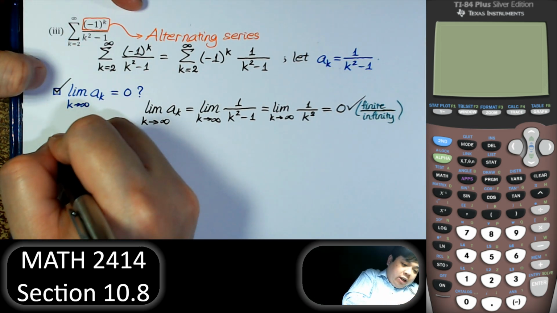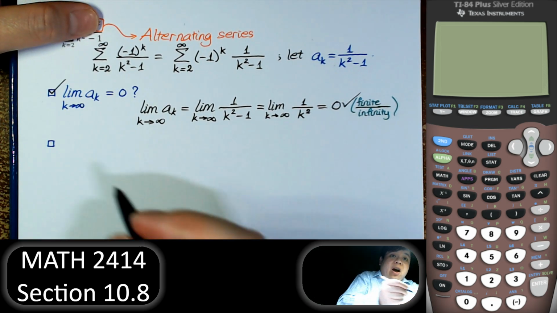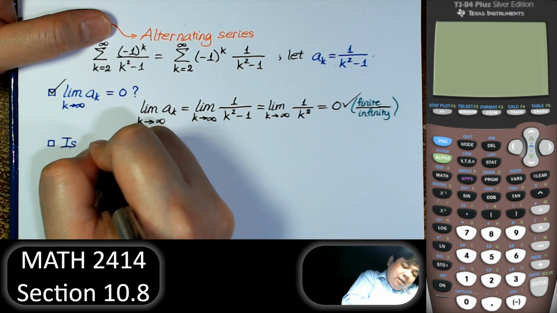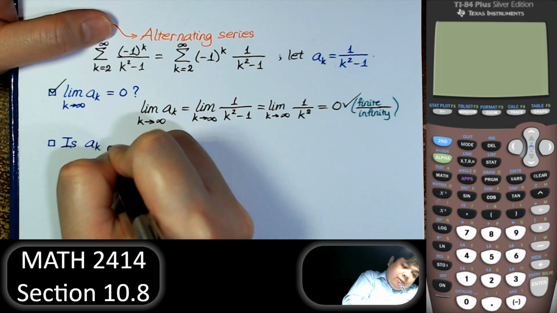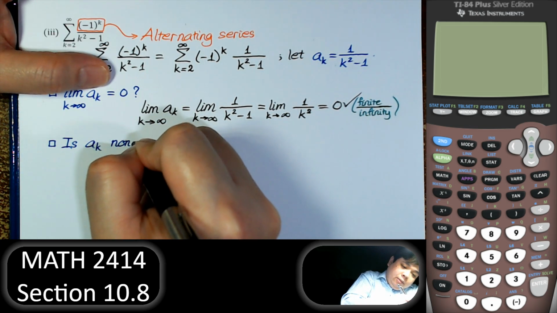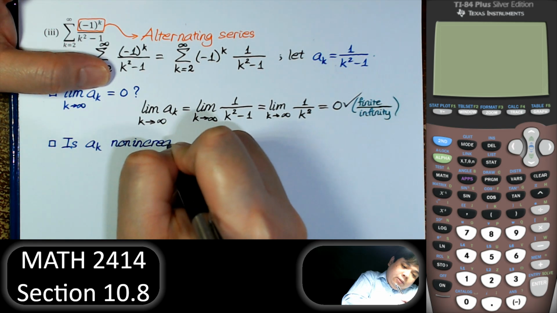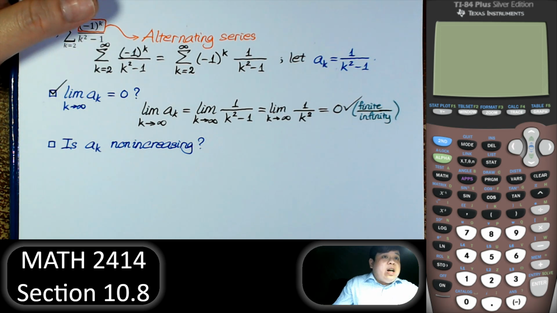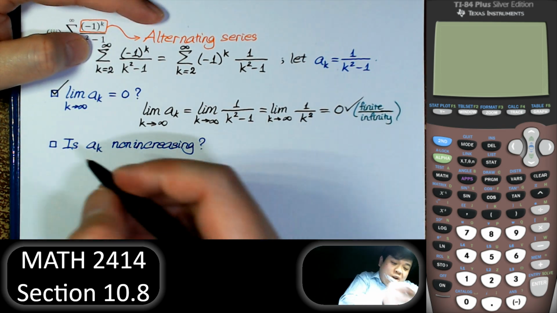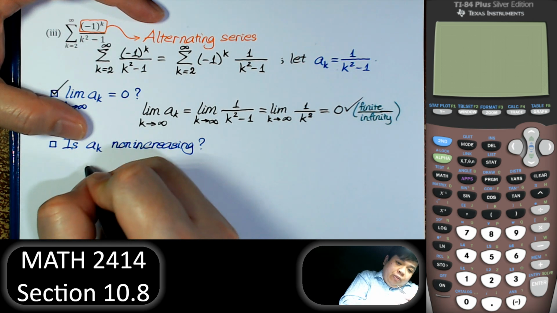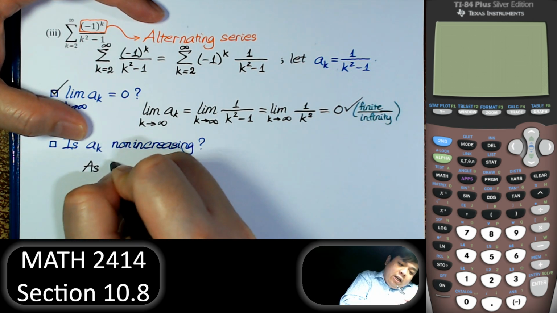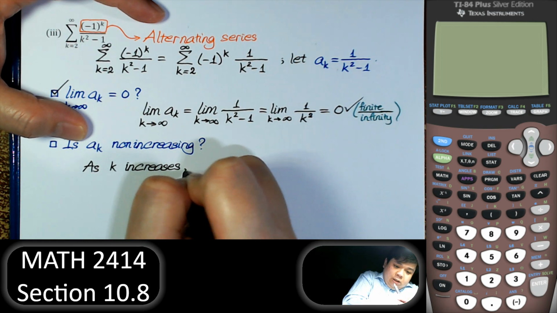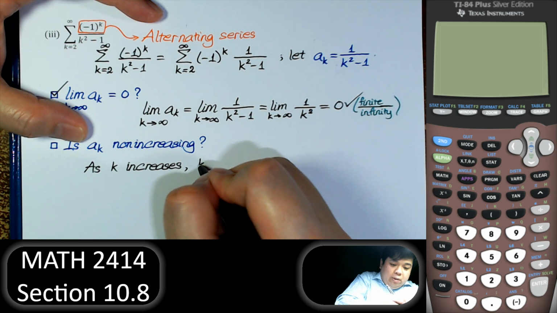The second one we check is whether h of k is non-decreasing or non-increasing. There are two ways to do this: either we take the derivative or we just use some simple reasoning. As k increases, k squared minus 1 increases.